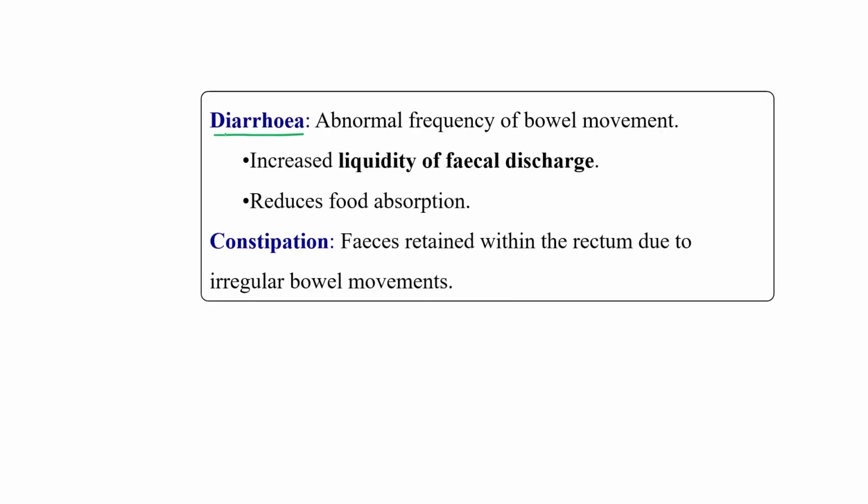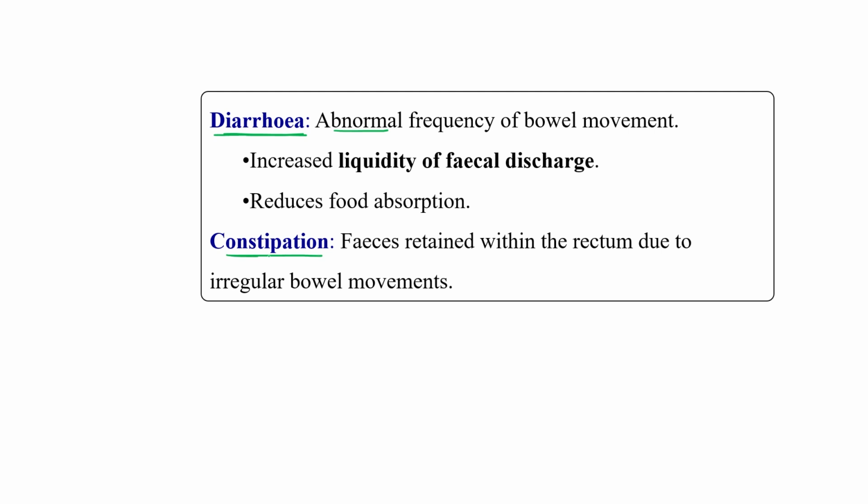Diarrhea is another kind of disorder. These problems come because of contaminated food, or taking food without washing your hands. Diarrhea is an abnormal frequency of bowel movement, increased liquidity of fecal discharge and reduced food absorption. That time we use the term diarrhea.